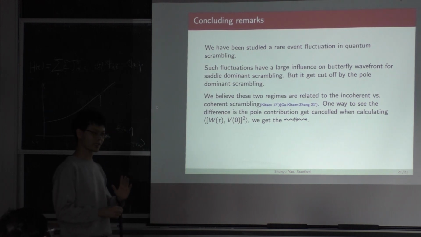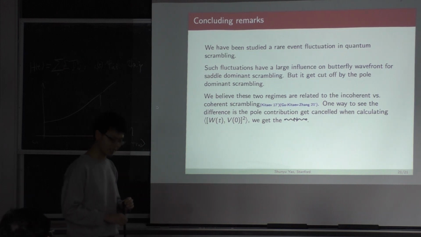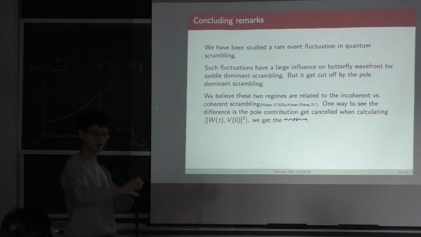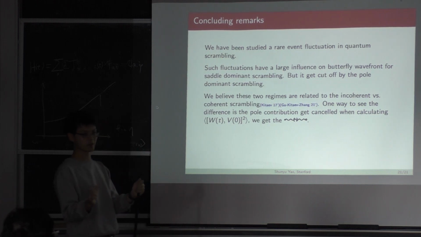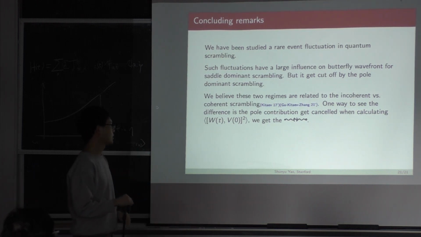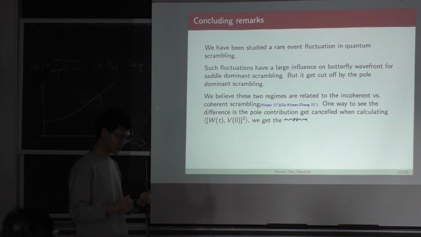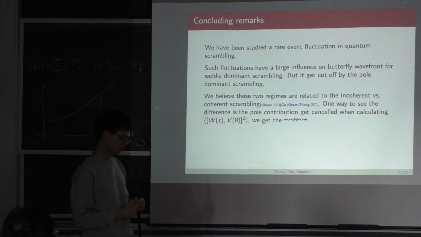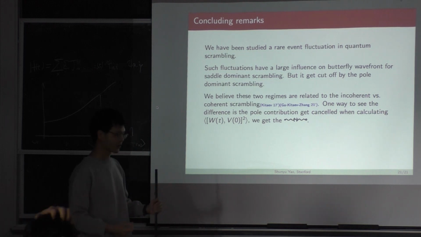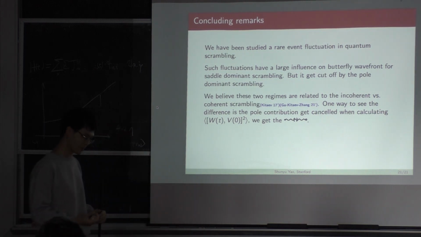That's due to exactly the same effect I just talked about, where you sum over different contours, there will be a multiplicative factor canceling this 1 over p squared minus plus 1. So in that sense, the whole contribution to OTOC is more like a quantum amplitude, while the saddle point dominant one is more like a classical thing. So it appears in the OTOC, but also in this kind of commutator.